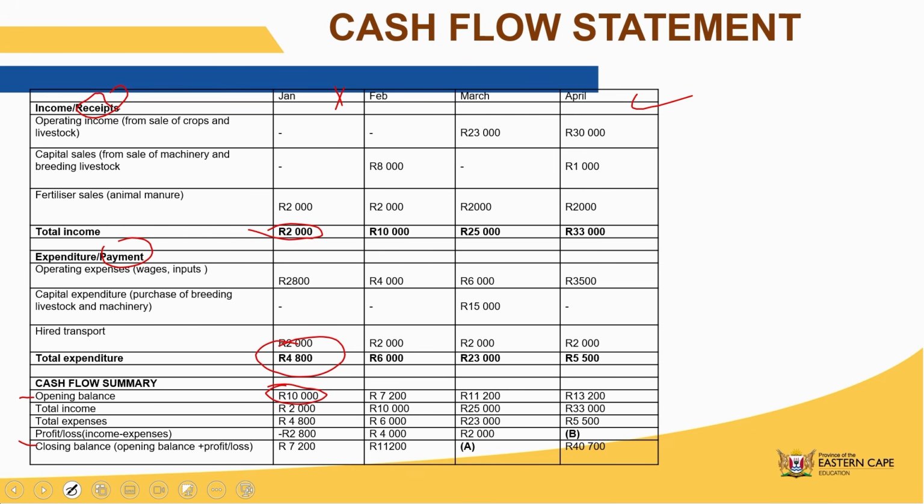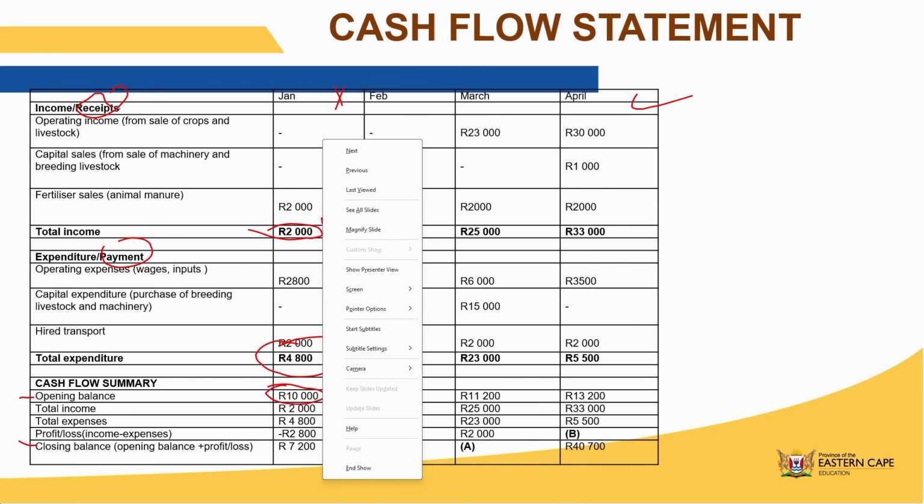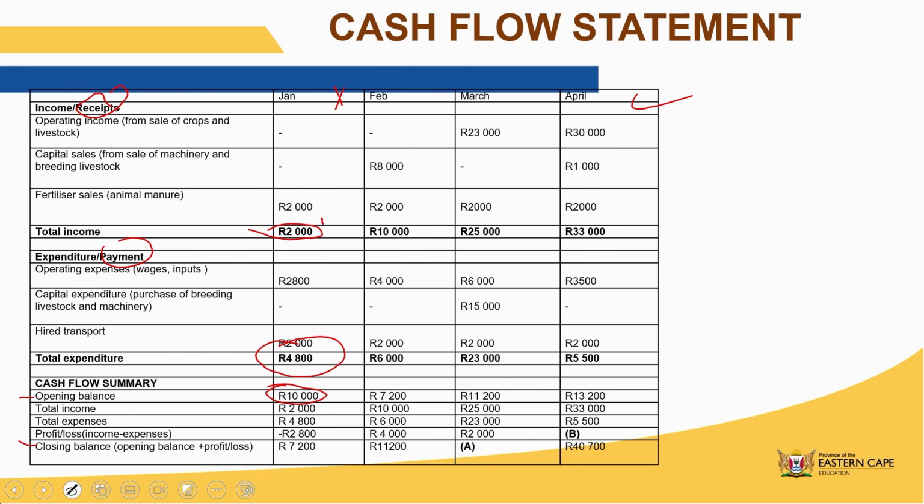And then the total income for January is 2,000 rand. Here is 2,000 rand from the animal manure, that is the fertilizer sales. We also have the total expenditure. This is the total expenses, that is 4,800 from the operating expenses and the hired transport.